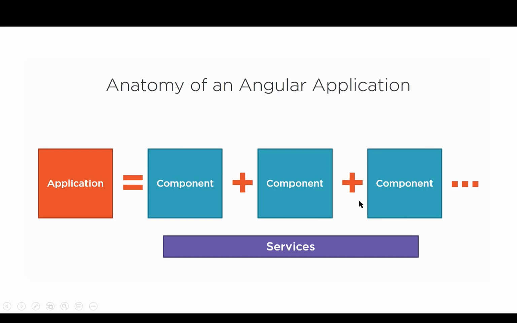So rather than each component creating its own instance of the product's object, we're going to have the application create one instance, and if our components need it, it's called dependency injection. We're going to inject that service, inject that dependency into our components.